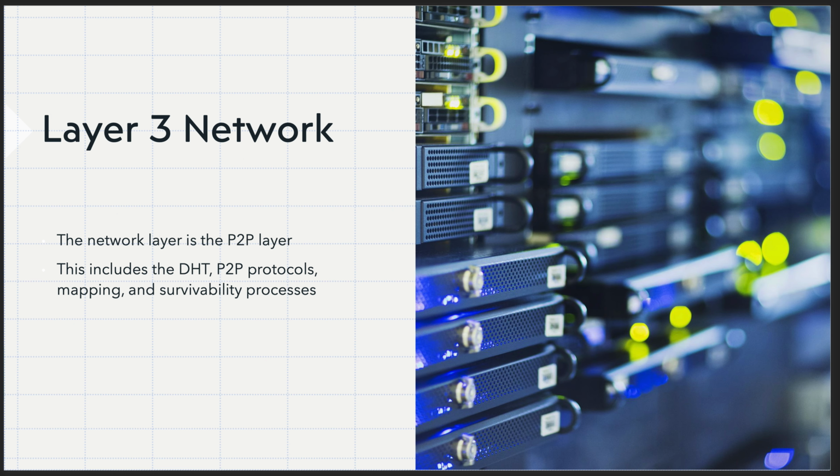Then the network layer is layer 3. That's your peer-to-peer layer. That includes your distributed hash table, peer-to-peer protocols, mapping, survivability, all the rest of it. The DHT is really interesting because that's really an old peer-to-peer technology. If you go back to BitTorrent, or even as far back as BearShare and Shareaza, you couldn't keep the entire peer-to-peer network map in one system, right?